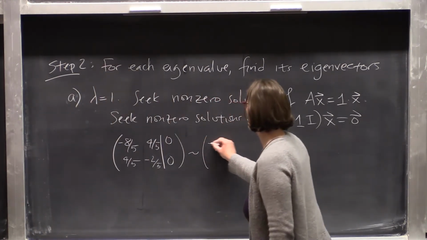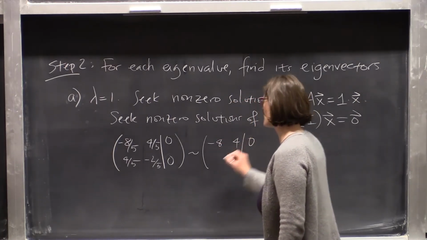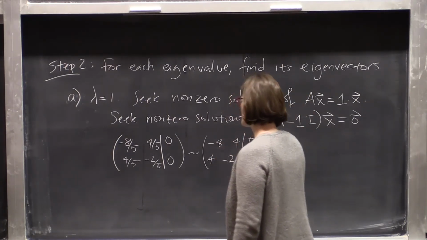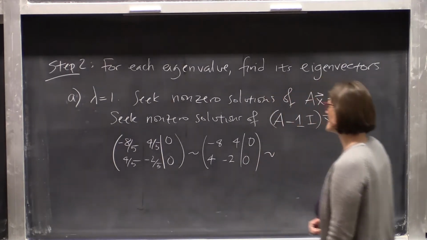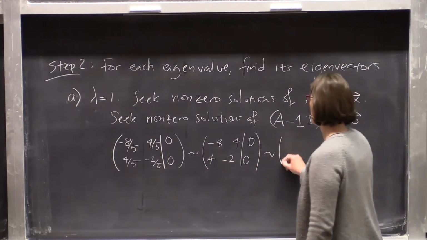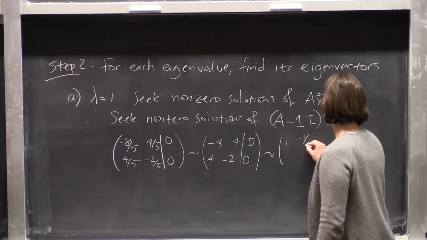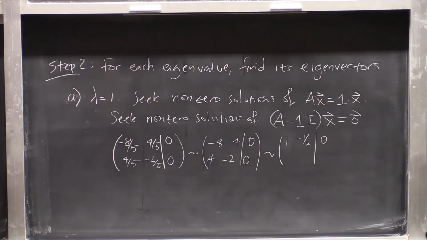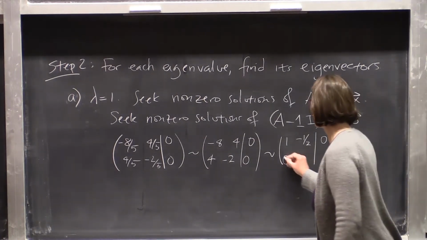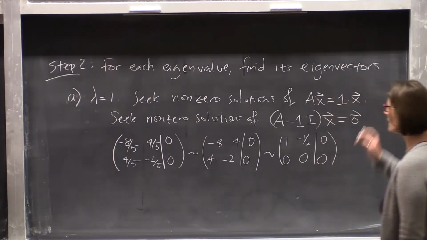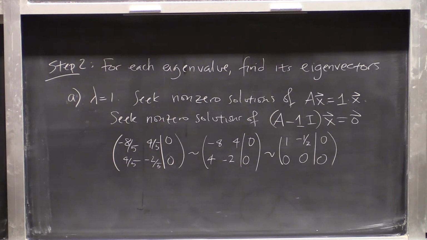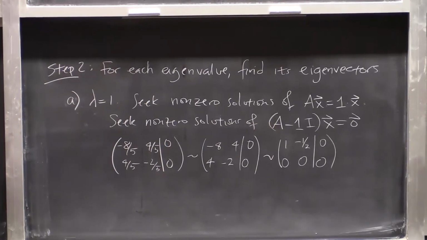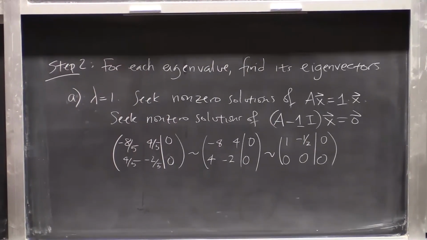Okay, so -8, 4, 0, 4, -2, 0. The first row becomes 1, -1/2, 0. What's the second row? 0, 0, 0. Will there be a non-trivial solution? Yes, because I have a row of zeros, because the rank is less than the size of the matrix.